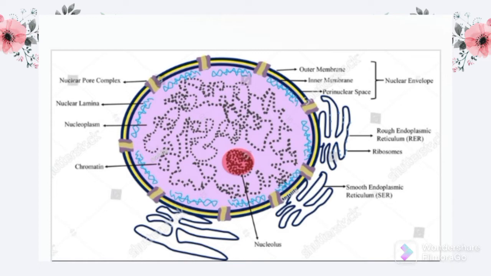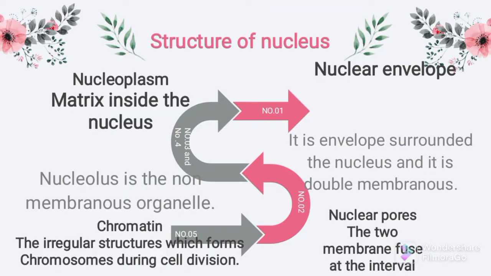The nuclear envelope is made up of two membranes, the outer membrane and the inner membrane. So a nucleus is a double membrane bounded organelle. Clear?